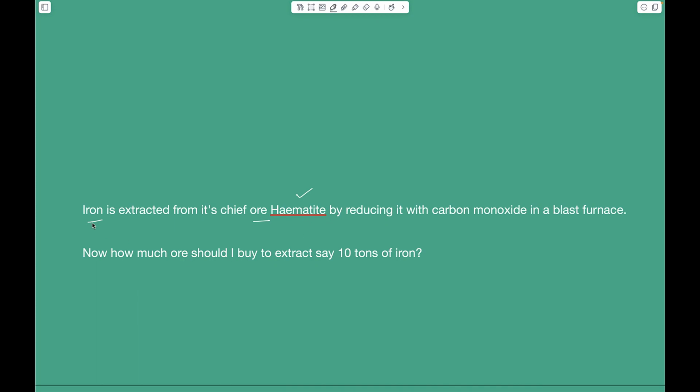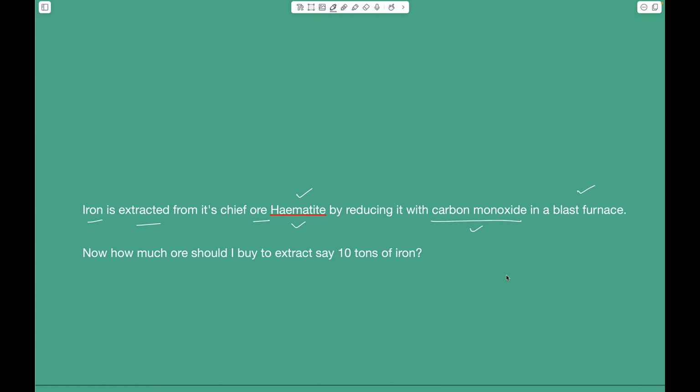From this ore, iron can be extracted by reducing it with carbon monoxide in a blast furnace. We shall worry about what a blast furnace is some other time, but understand that by carrying out a chemical reaction between these two, iron can be extracted.